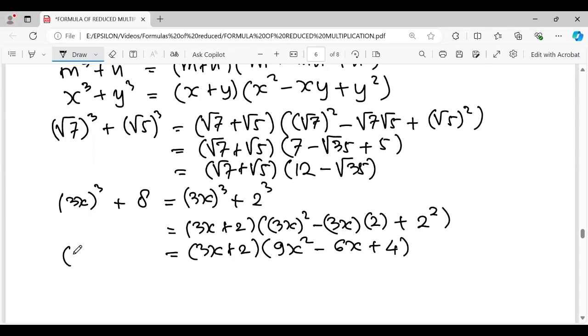So we can state that (3x) cubed plus 8 equals (3x plus 2) multiply (9x squared minus 6x plus 4).